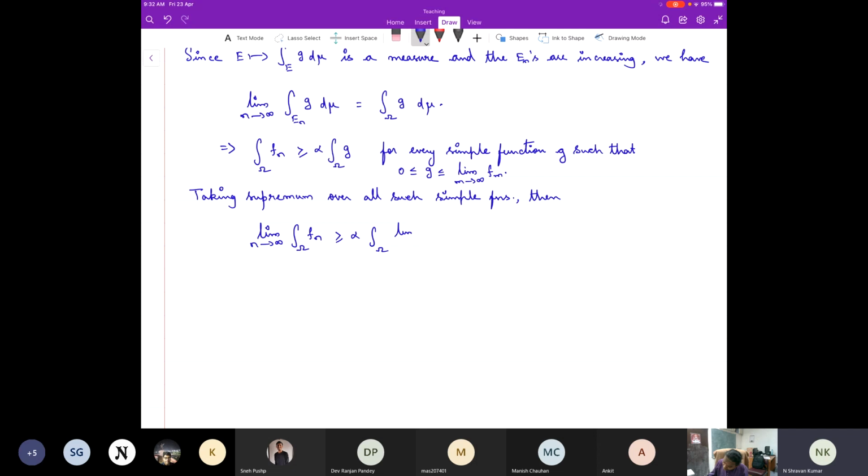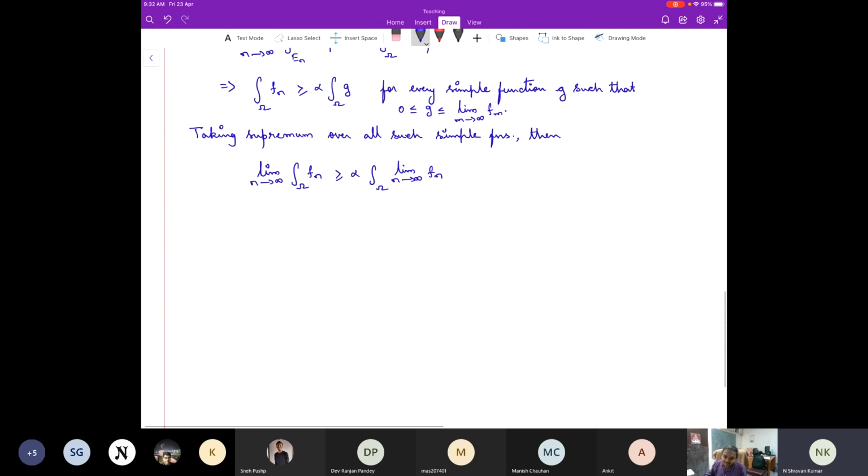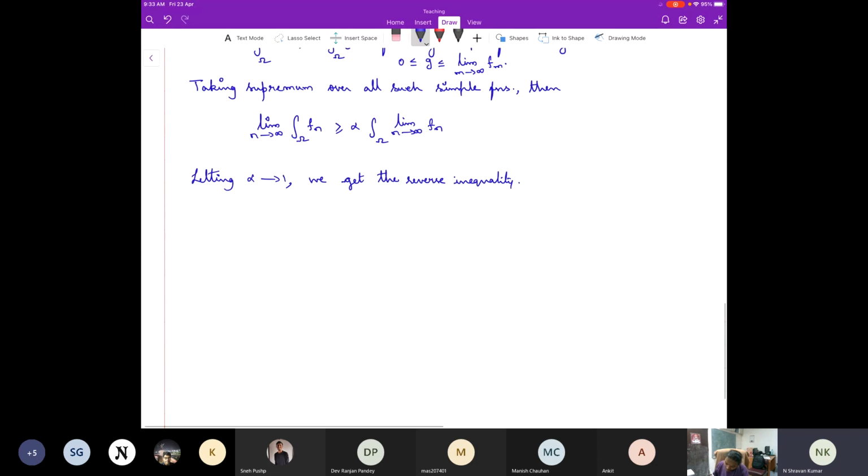Now this is true for every alpha between 0 and 1. So letting alpha tend to 1, we get the reverse inequality. This is true for every alpha, therefore let alpha tend to 1, and that's what we wanted.